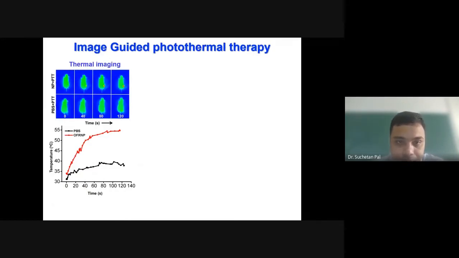Okay, let me go very briefly to the photothermal therapy. As I told you before, these nanoparticles are made out of gold. So if you shine a laser light, this photon energy will be converted to heat energy by these nanoparticles.